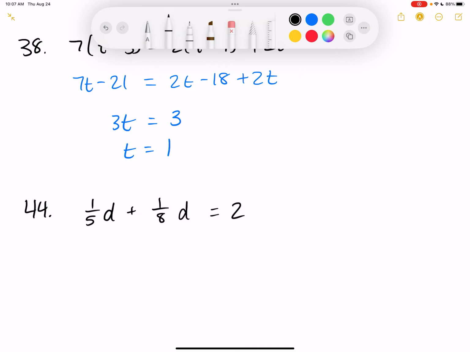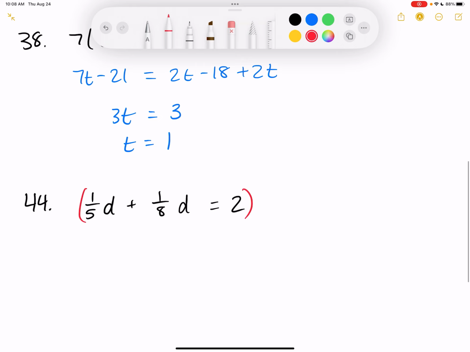What would my common denominator between those two numbers be? 40. So this is what I'm going to do. I'm going to multiply the entire equation by 40. Okay, so that means both sides. So this is going to become 8d plus 5d is equal to 80.